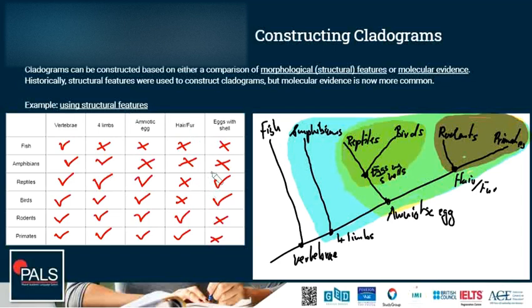Our fish are the outgroup, and down here we have our root, which could be all animals. Alright, so much for constructing a cladogram.